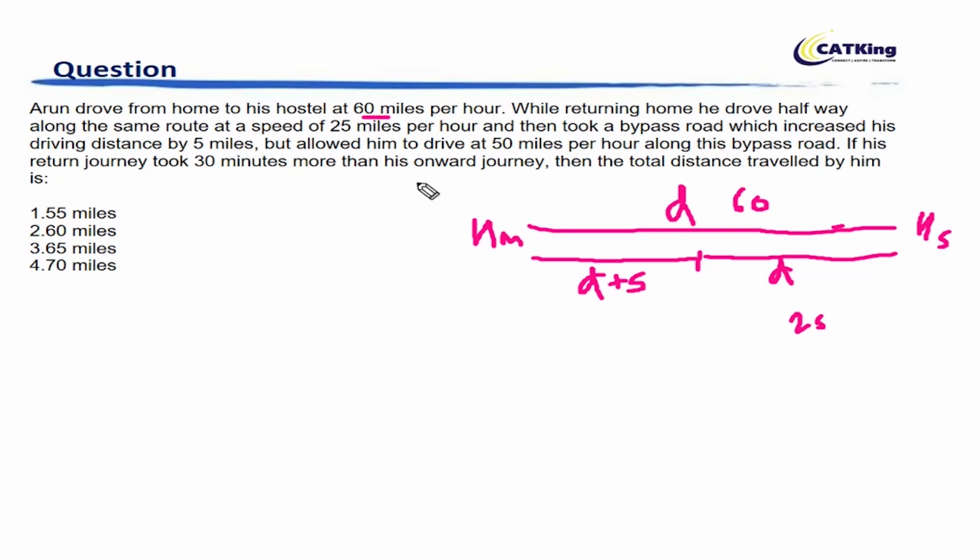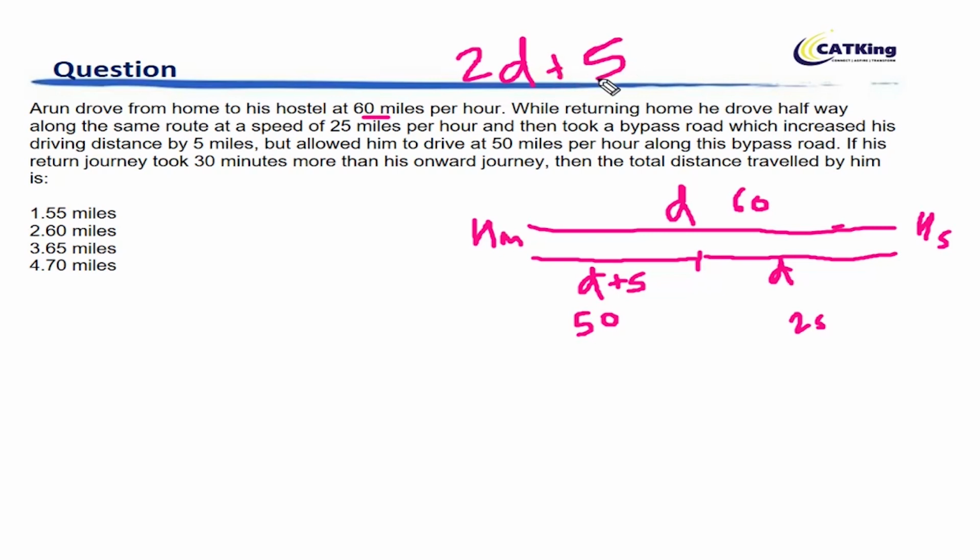It says that it increases by 5, and he goes at 50 miles, right? Now in the second half he is taking 30 minutes more than the first part of the journey, right? So the question is the total distance traveled. Now the total distance traveled here is 2d plus 5.